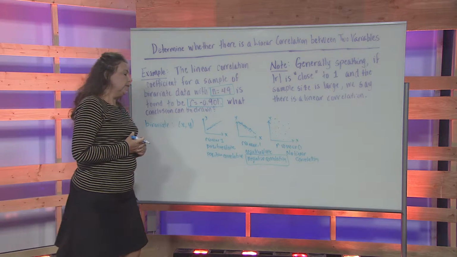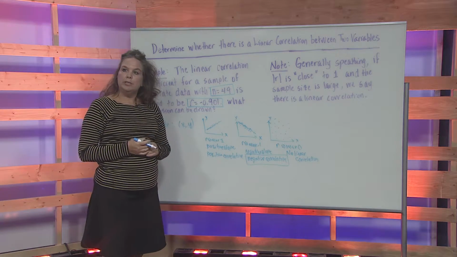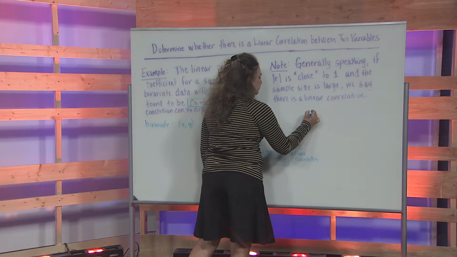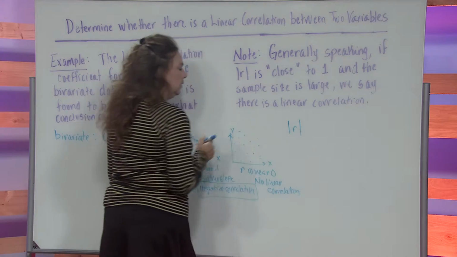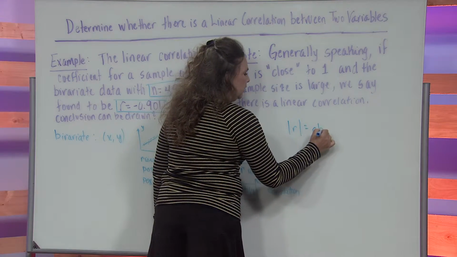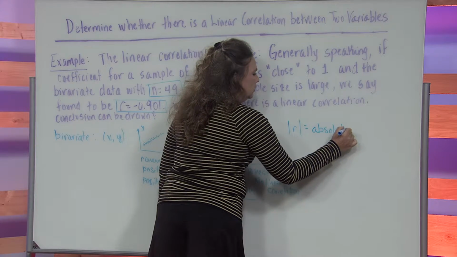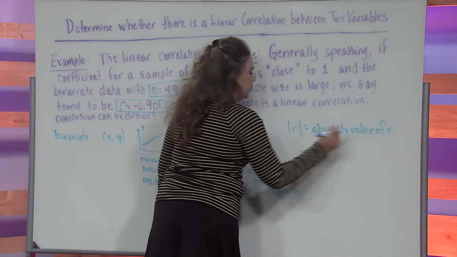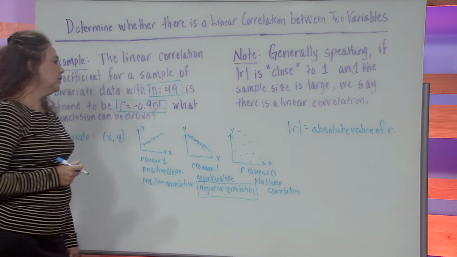We can be a little bit more technical in the way we approach this problem, and look at the absolute value of that linear correlation coefficient, the absolute value of r. Remember, we put those vertical lines around that number.